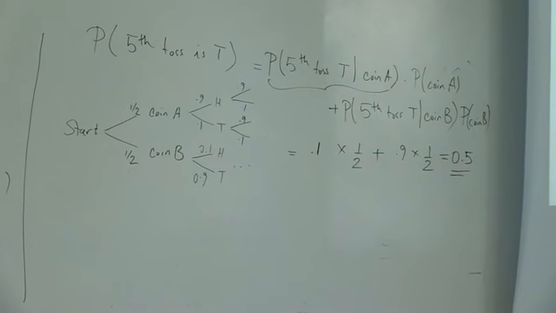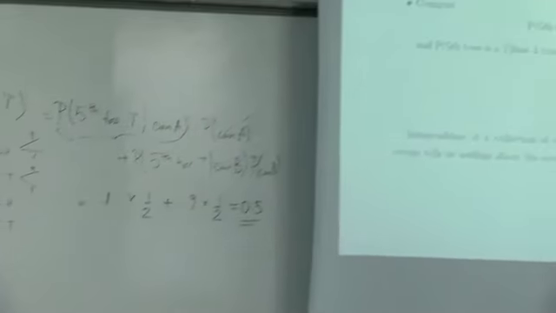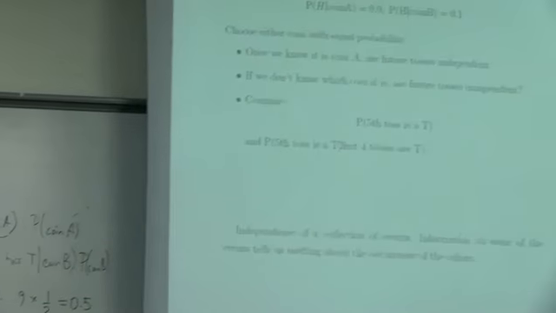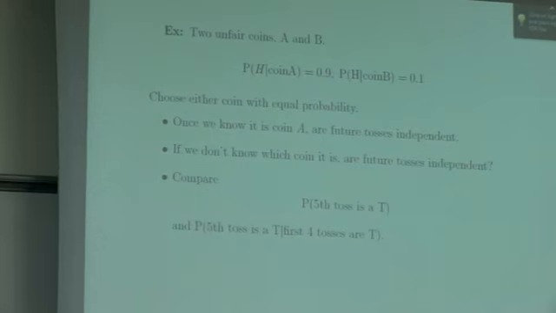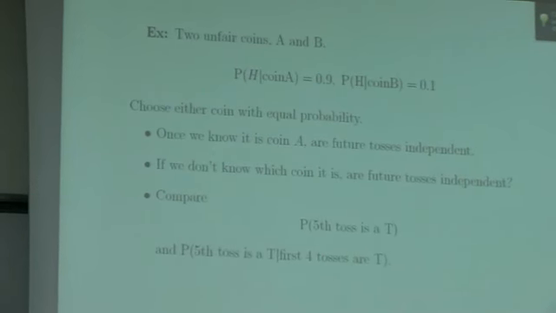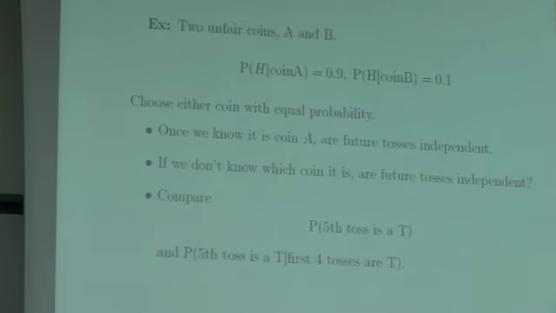This is the randomized algorithm. Choose either coin with equal probability. This random strategy or policy creates a fair coin out of two unfair coins. Okay, except it's not that simple.